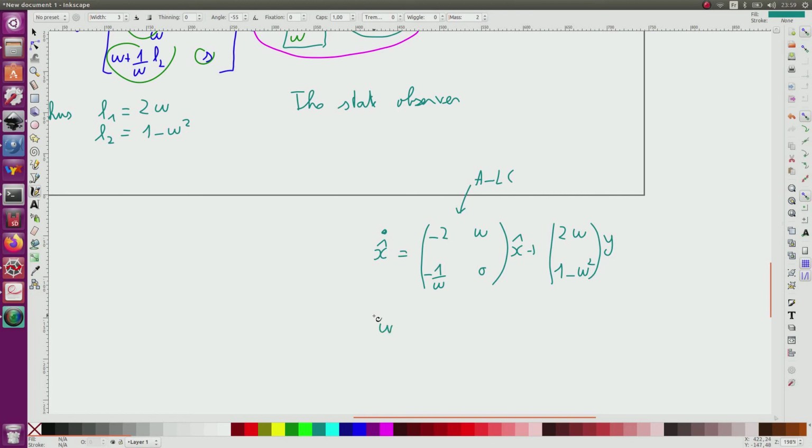Here a hat is equal to 1 divided by omega multiplied by the norm of x hat.